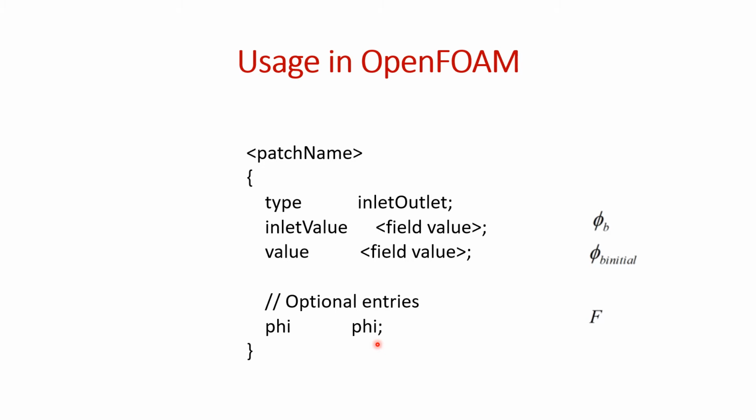So this phi is nothing but f for us right now, so please consider this convention. F is the flux, the dot product of velocity and area, and we can also multiply it by density. So it is the volumetric flux or the mass flux.